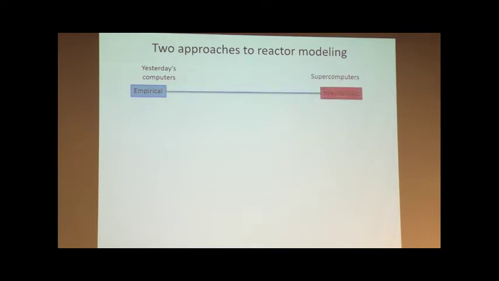On the far right-hand side, let's say we have supercomputers and that we can do true mechanistic modeling. A bit of an exaggeration, but let's just say it. And then let's say the reality is usually somewhere in the middle, where we have hybrid models, and we have clusters, and we have modern desktop or single node servers. And what we can do with each, we have to be very clear about.